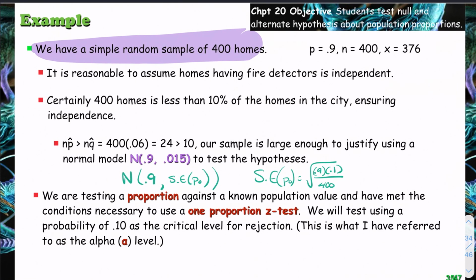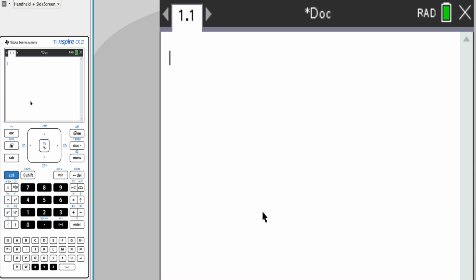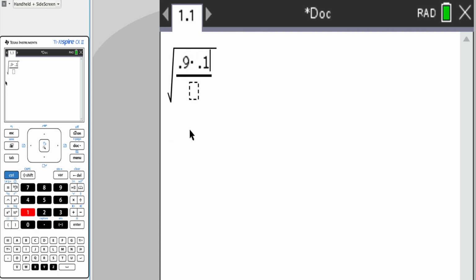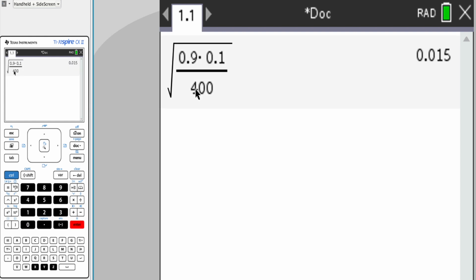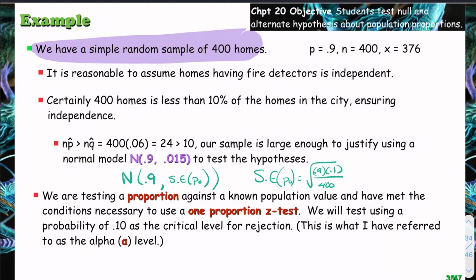If we go to a calculator, I'm going to say control square root and control division. I have 0.9 times 0.1 over 400, which gives me 0.015. On our notes, you can see where this number came from.